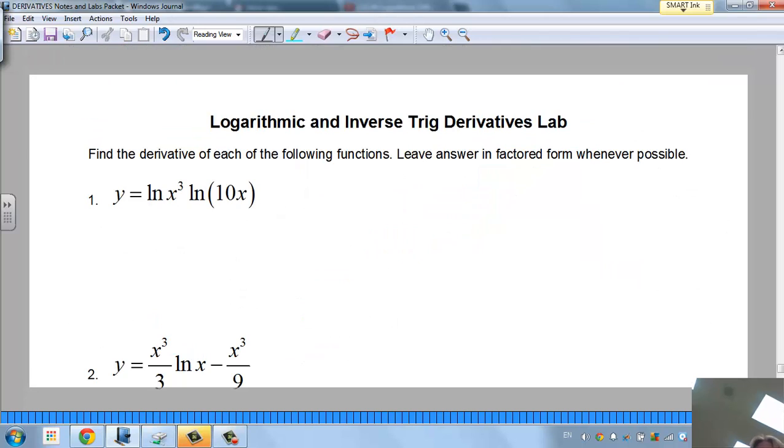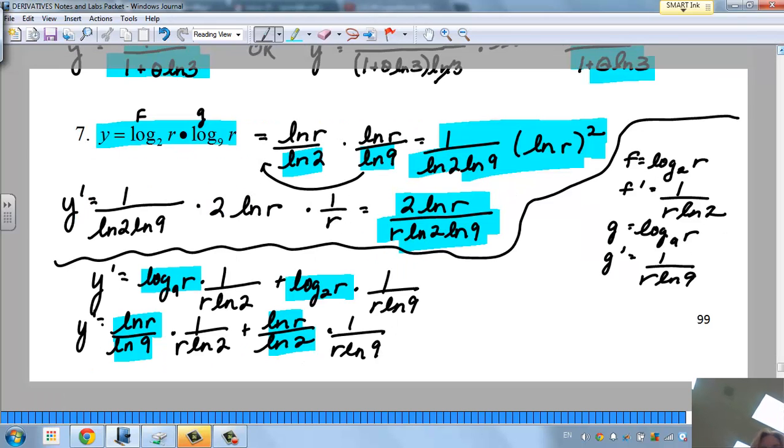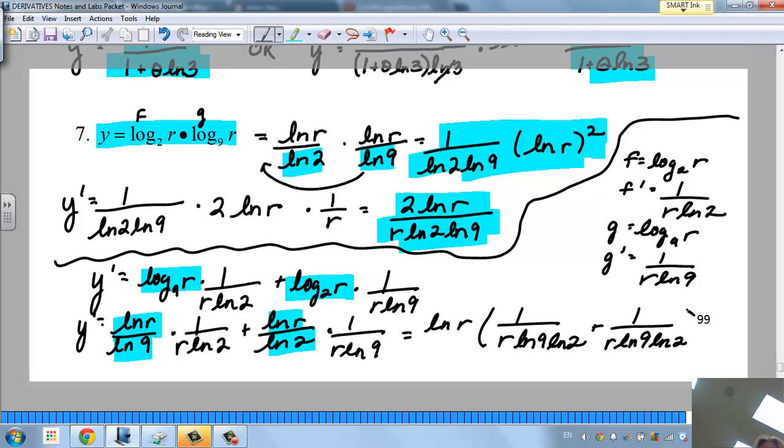Okay? Now, whoops, sorry. What I'm going to do next is kind of factor out the natural log of r, because I can. So if I factor out the natural log of r out of here, I get 1 over r natural log of 9 natural log of 2 plus 1 over r natural log of 9 natural log of 2.